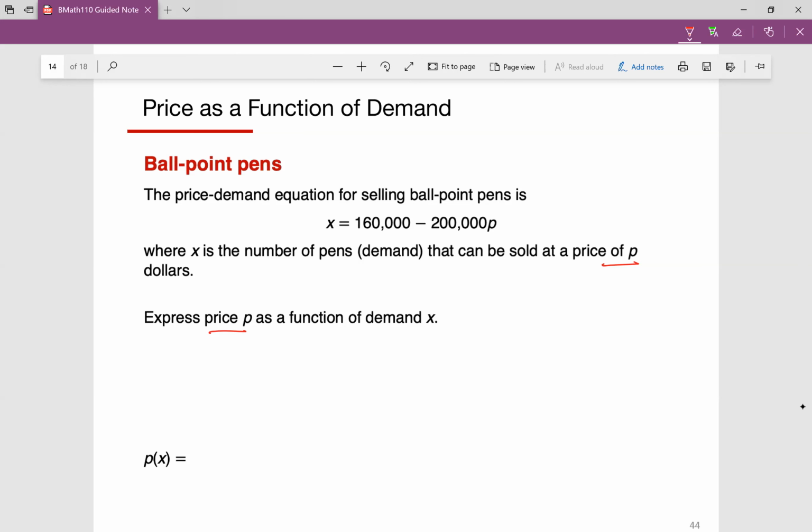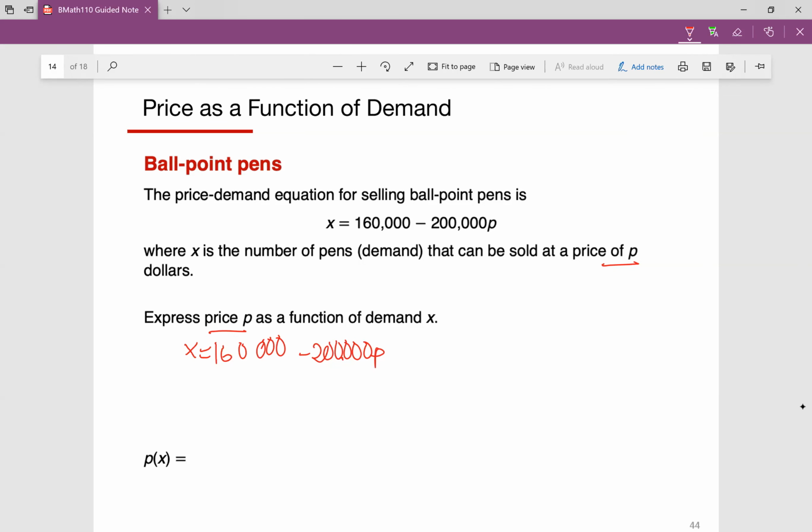That means you will isolate P alone. So let me rewrite the function. I have x equal to 160,000 minus 200,000P.